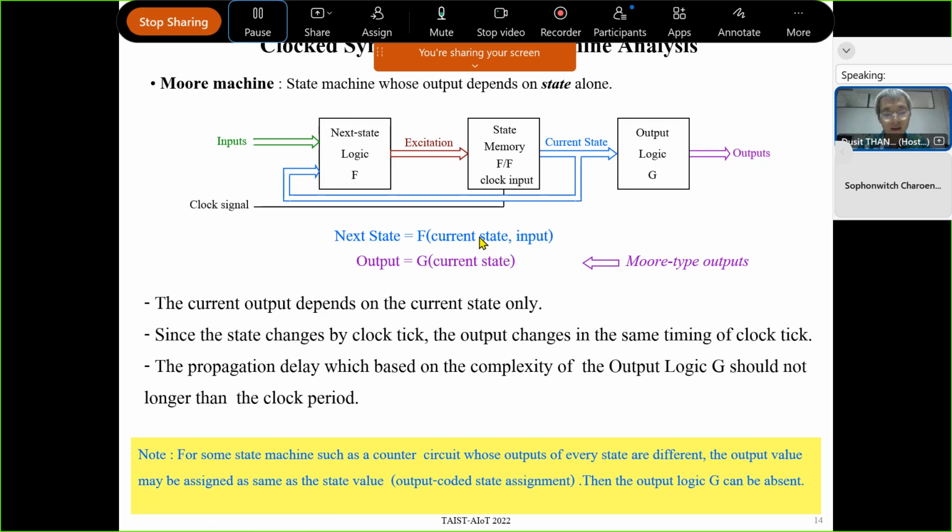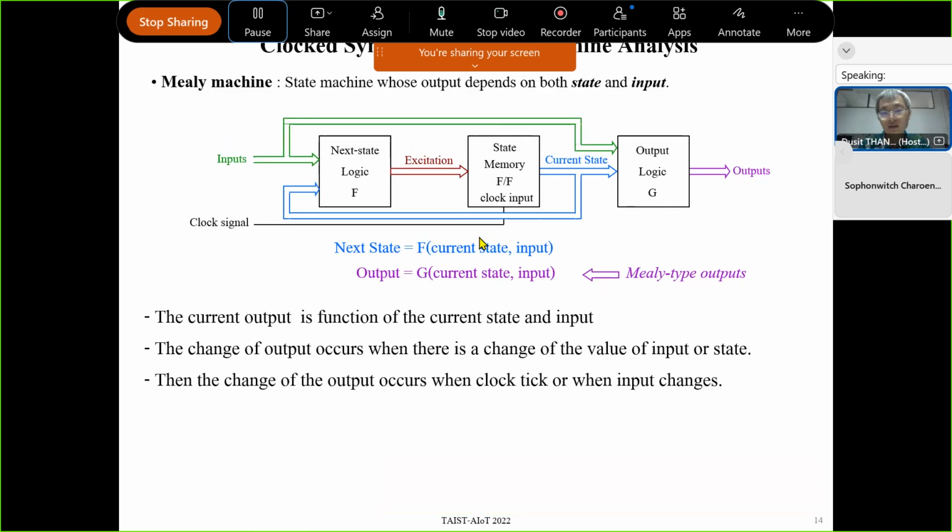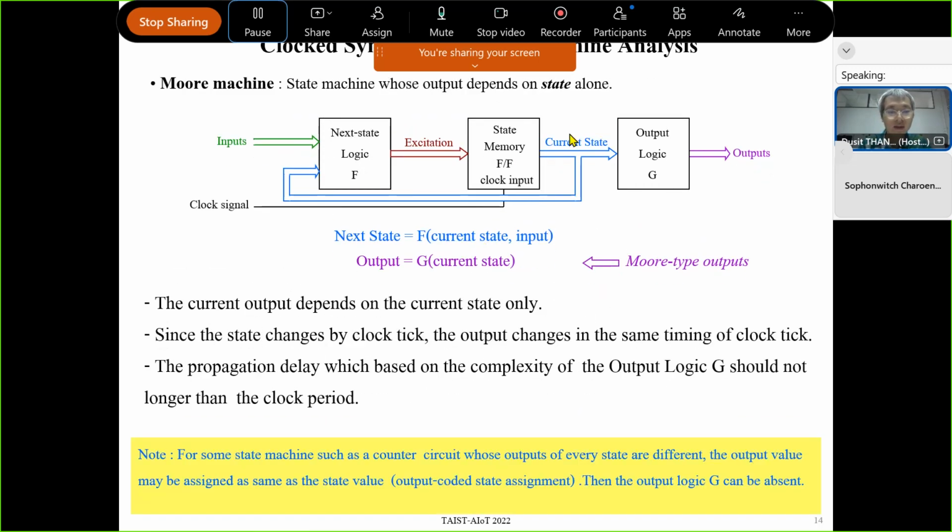If you consider the output logic G, from the previous traffic light example, its input is from the flip-flop, right? That means when the clock ticks, the flip-flop updates the value, maybe changing to 0, 1.